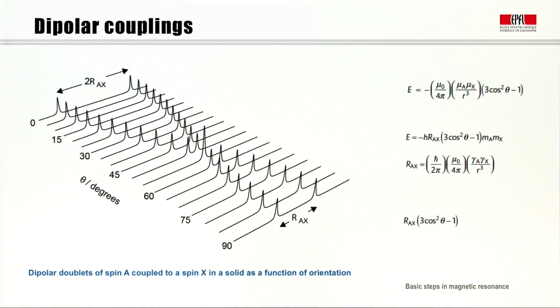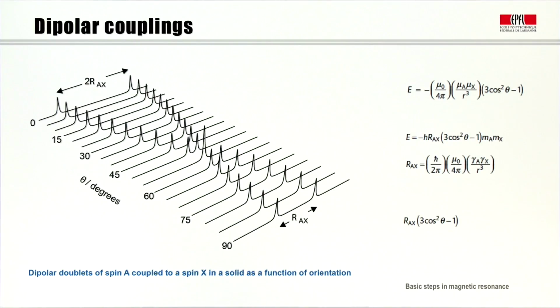Now, in chapter 3 of Peter Hore's book, there is also a brief discussion of dipolar couplings. Dipolar couplings do not occur in liquids, as we shall see, but they occur in solids and are very important as such. They can be seen in solids in the form of splittings, but they also influence spectra in liquids because they are essential to drive relaxation.